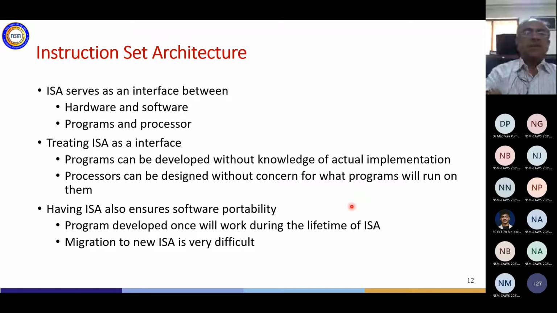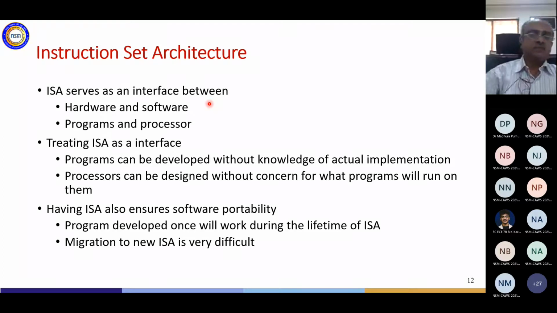So now I said that the instruction set architecture is an important thing for us to understand the overall architecture of the processor. So here are some details about it. I have already mentioned to you that in the diagram that I showed, the machine code, when it gets inside the CPU, that is where the ISA is.